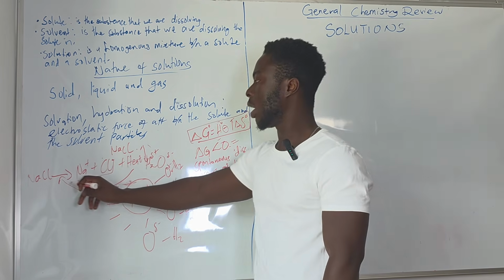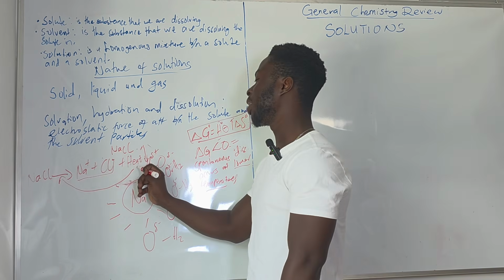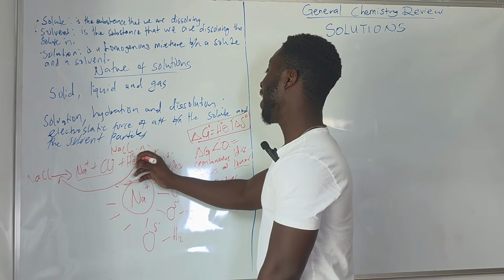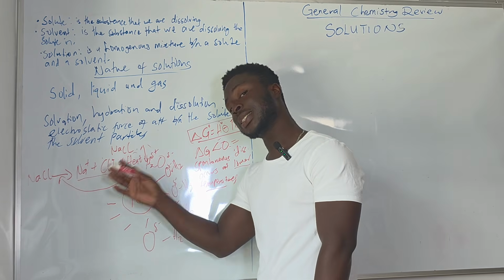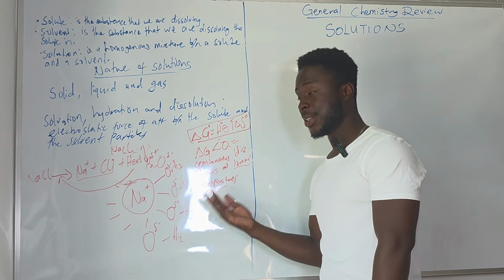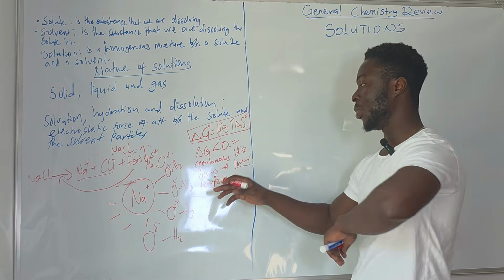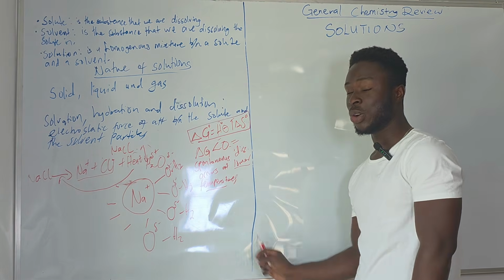That means the NaCl over here would have to dissociate to give us more heat. So the less heat we put into the system, the more spontaneous it gets. That is why when the change in Gibbs free energy is less than 0, it is spontaneous and it occurs at a lower temperature.